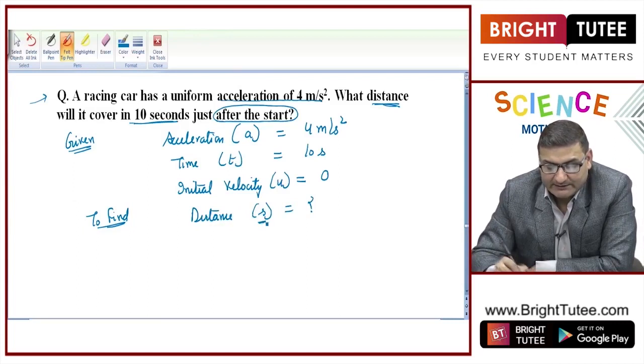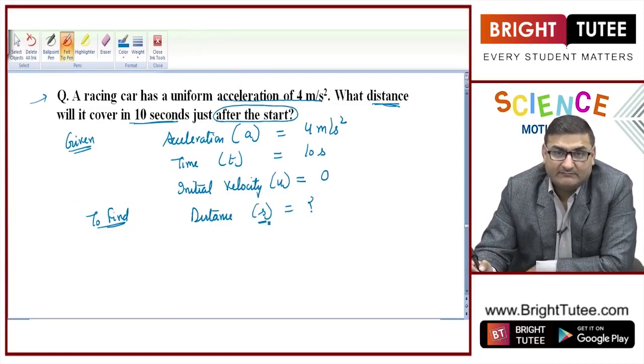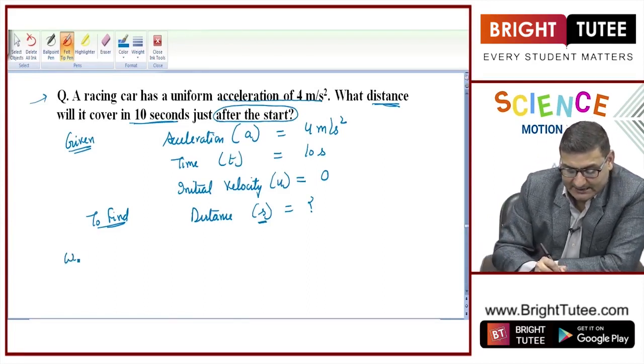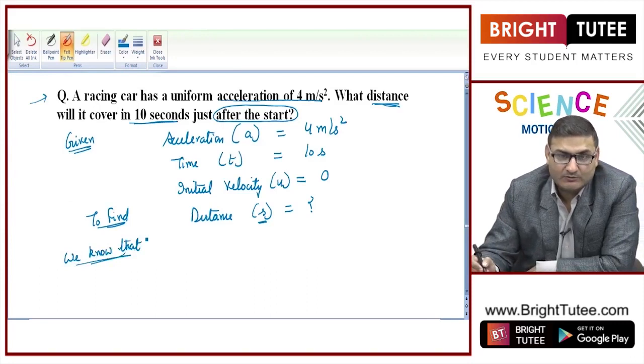Now, I have to calculate distance, and we have three equations of motion. v is equal to u plus at, s is equal to ut plus half at square, v square is equal to u square plus 2as. I will be applying the second equation of motion based on what exactly is given to us in the question.